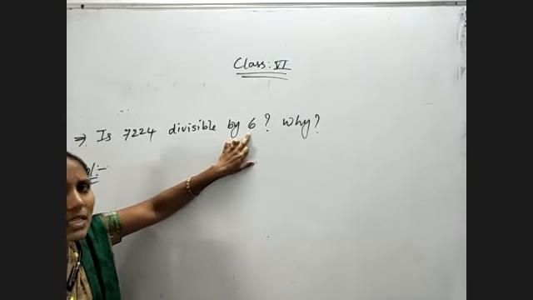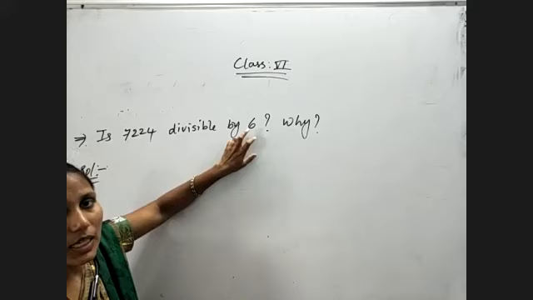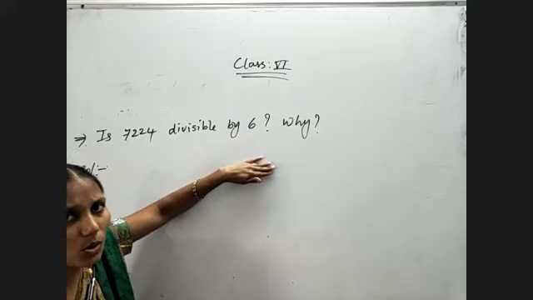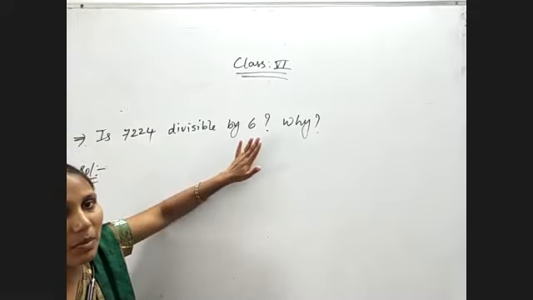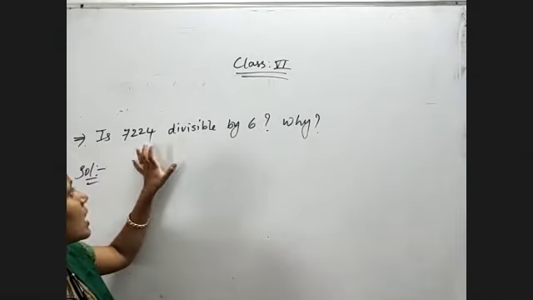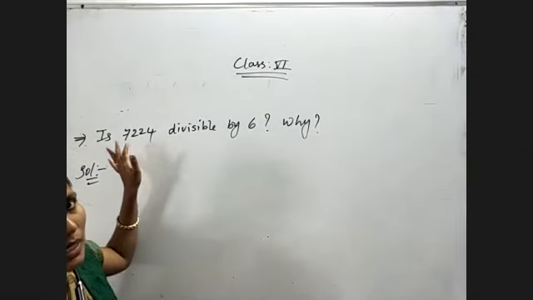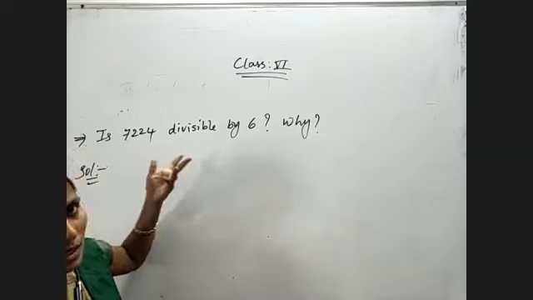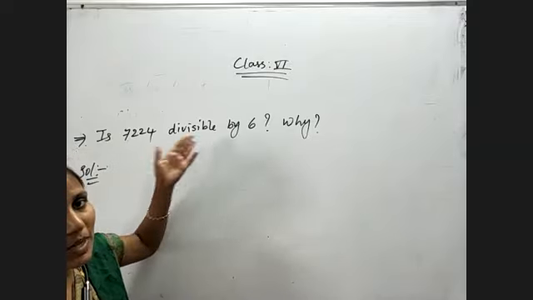What is the divisibility rule of 6? If the number is divisible by 2 and 3, then it is divisible by 6. That means we need to check whether it is divisible by 2 and 3, and then only we can decide whether it is divisible by 6 or not.